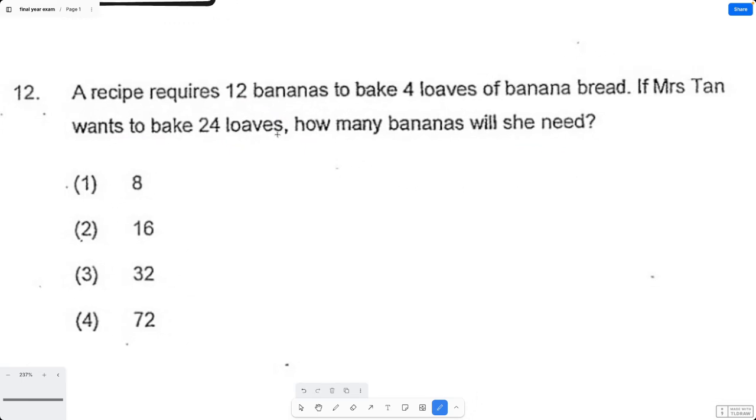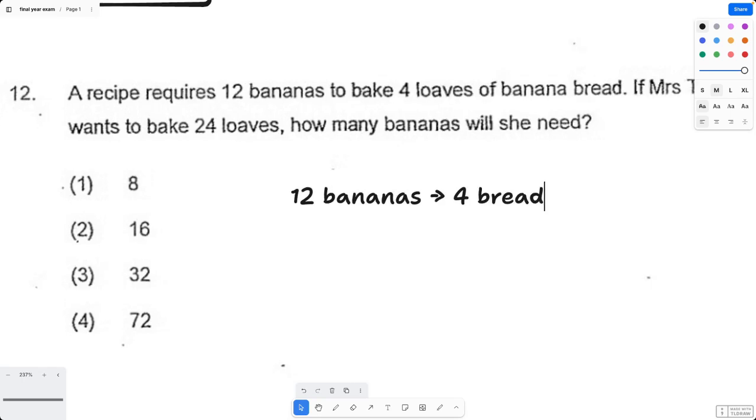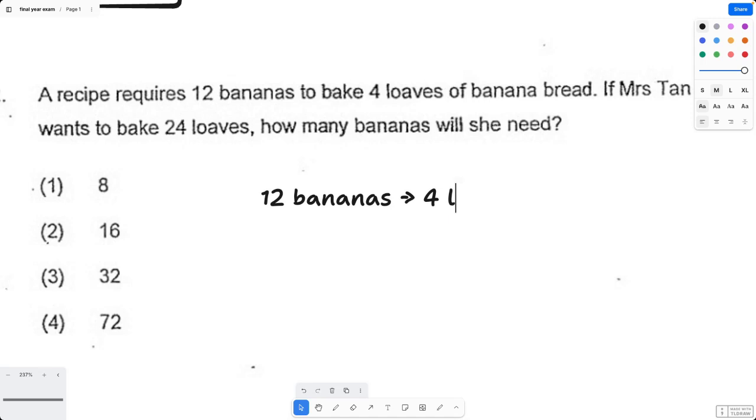So we know that in this case, 12 bananas will give us, I'm going to put an arrow, 4 loaves. So how many bananas do we need to have 24 loaves? I'm going to copy this arrow. How many bananas?